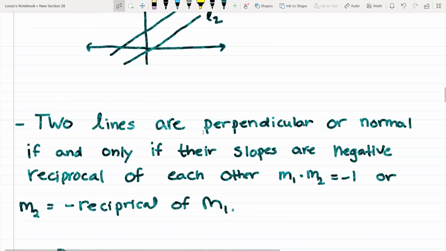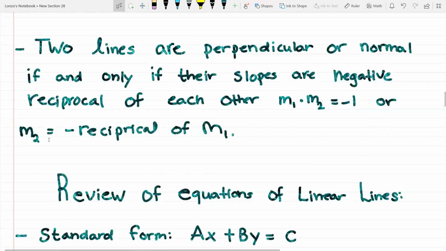Two lines are perpendicular, or normal, if and only if their slopes are negative reciprocals of each other. One way of figuring it out is to take the slope of the first line times the slope of the second line, and if your product is -1, that means it's perpendicular. Or you could think of it as the slope of the second equation, m2, being the negative reciprocal of m1.